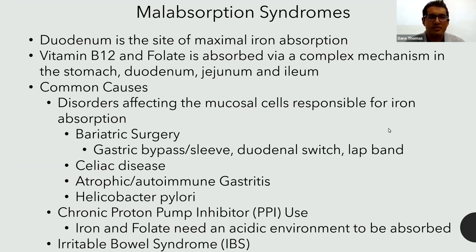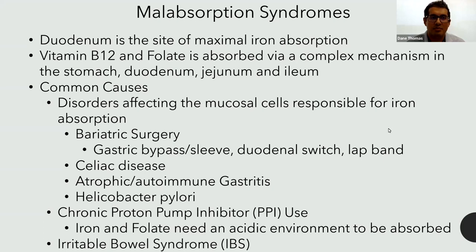Common causes of malabsorption syndromes typically are from disorders affecting the mucosal cells responsible for iron absorption. Bariatric surgery is a big cause of this, just like with this most recent case study. And bariatric surgery can include gastric bypass, gastric sleeve surgery, duodenal switch, and lap band procedures.